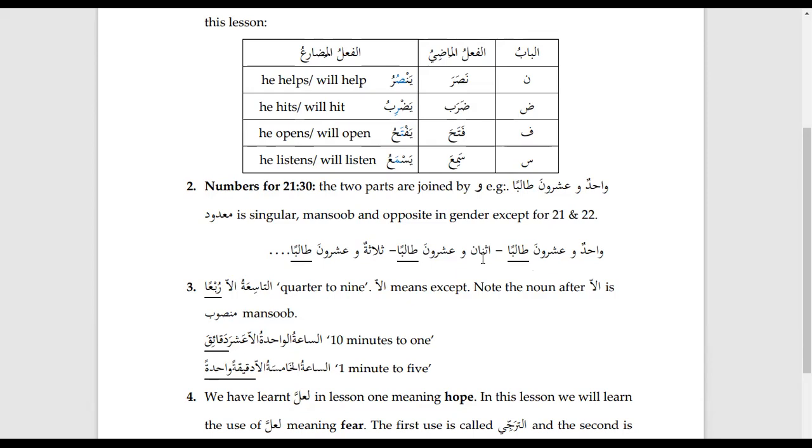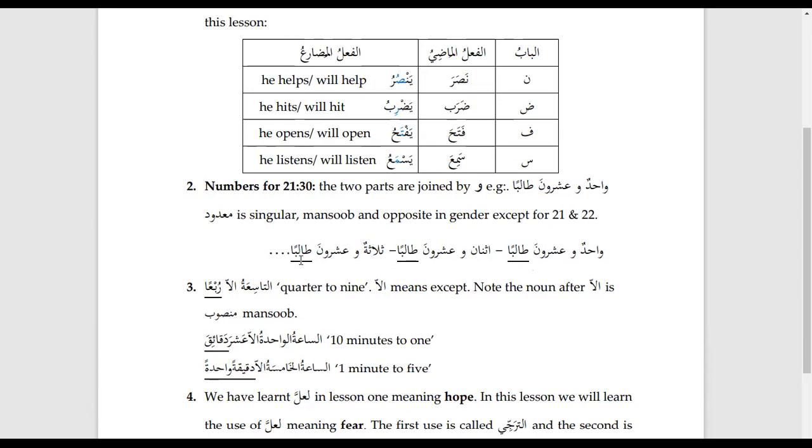For example, we say ithnani wa ishruna taliban, 22 students. So wahidun wa ishruna taliban, ithnani wa ishruna taliban, they are equal in number and gender. However, when we say thalathatun wa ishruna taliban, now we know that talib is masculine, so the number will be feminine. Similarly, 24 students, arba'atun wa ishruna taliban.